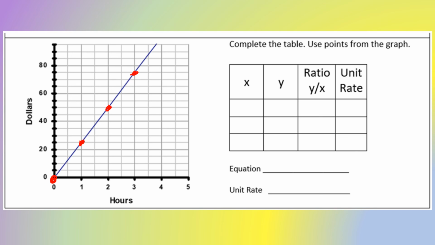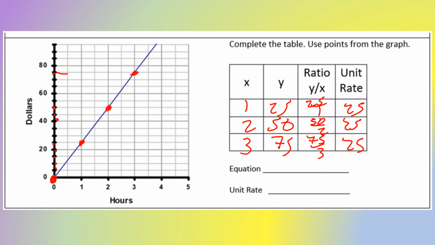What are they counting by here? 5, 10, 15, 20, 25. 2 is at 40, 45, 50. And 3 is going to be at 75. I've got 25 over 1, 50 over 2, and 75 over 3. And yes, they all simplify and equal 25.